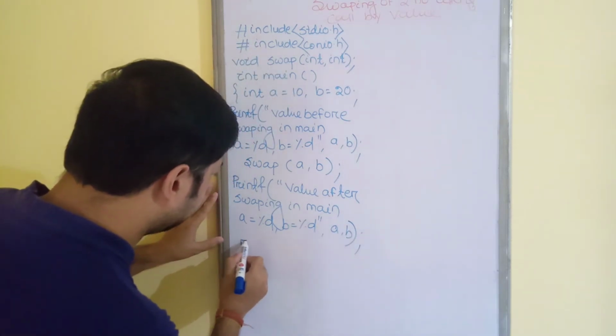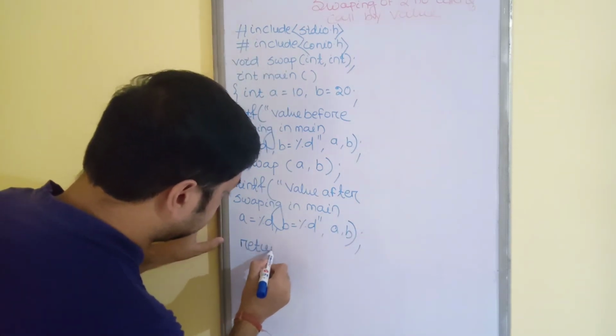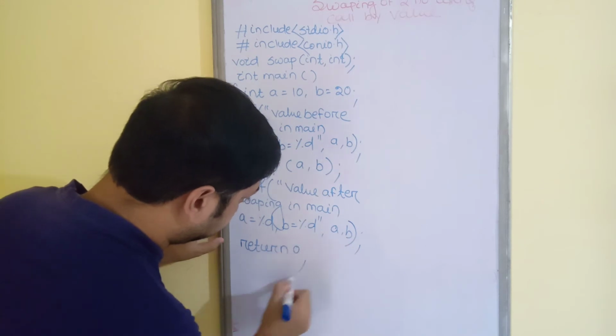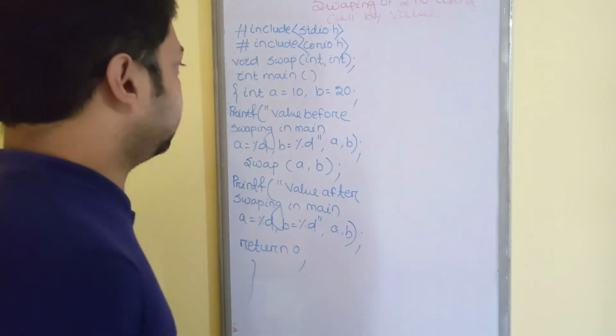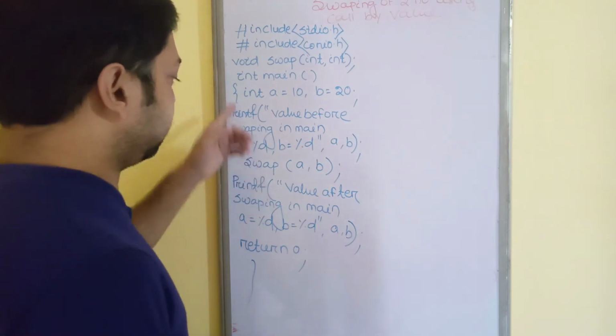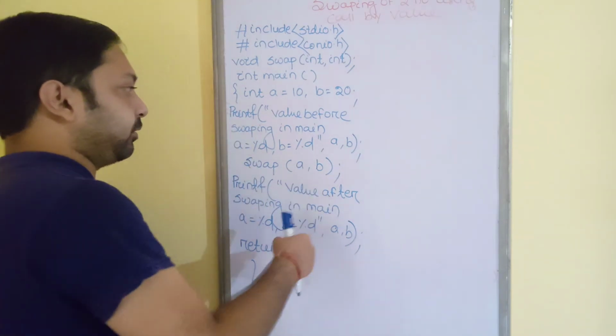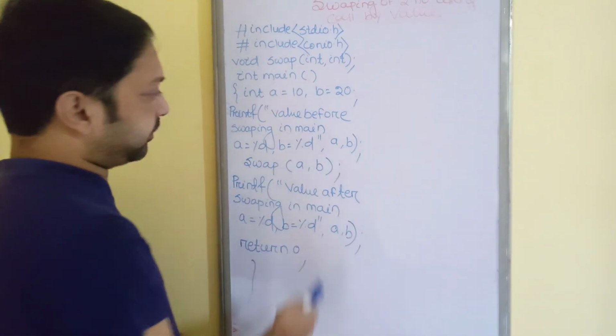Now I can return the values here, that is return 0. So I have declared the values, then swap them, then print the values before the swapping operation and after the swapping operation.